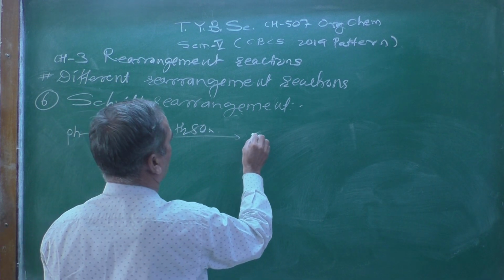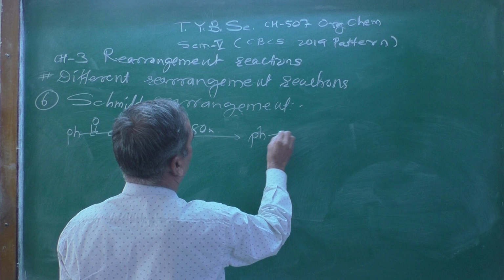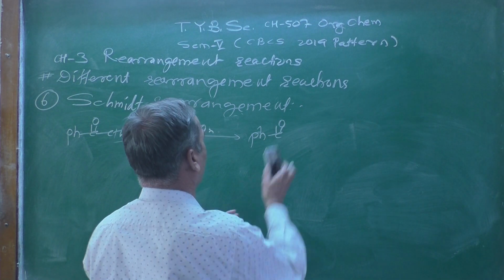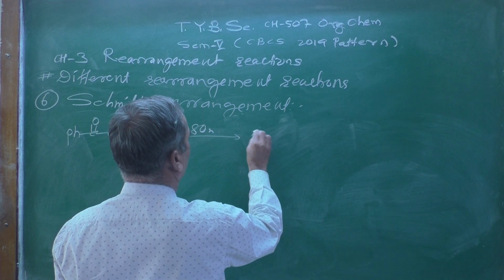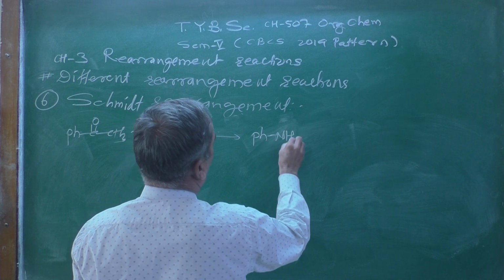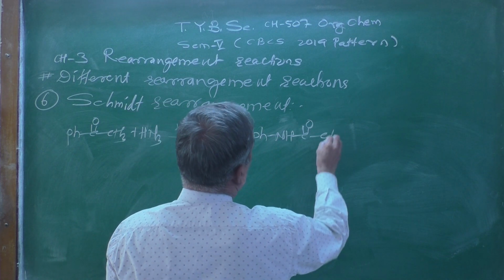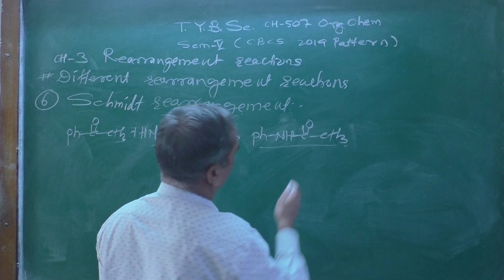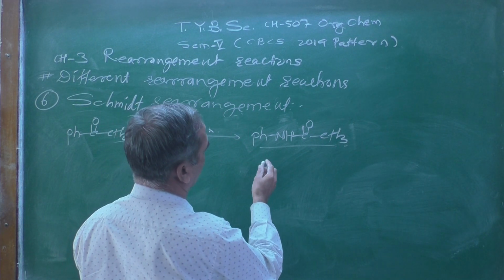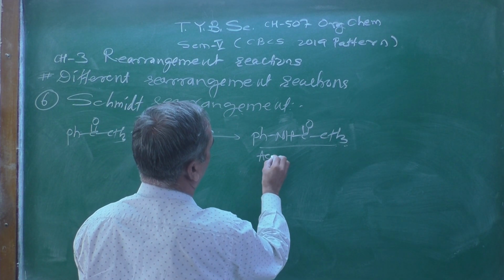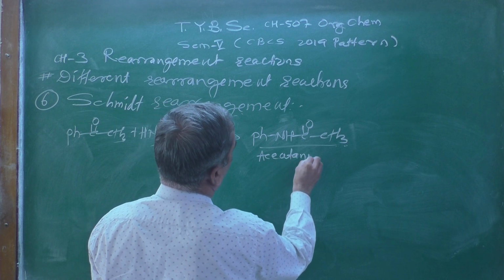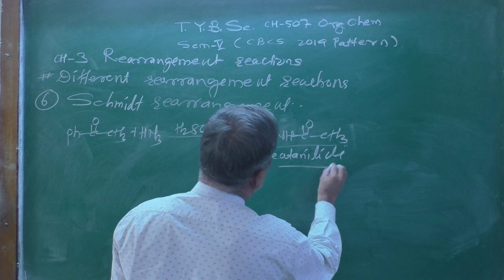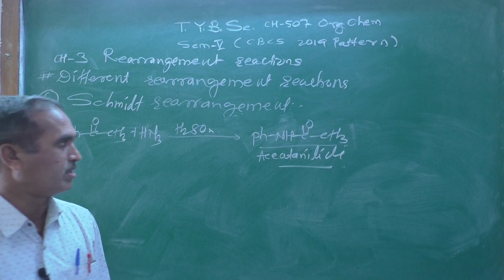It produces Ph, NH, C double bond O, CH3. This type of compound is generally termed acetanilide. This is the product formed here.